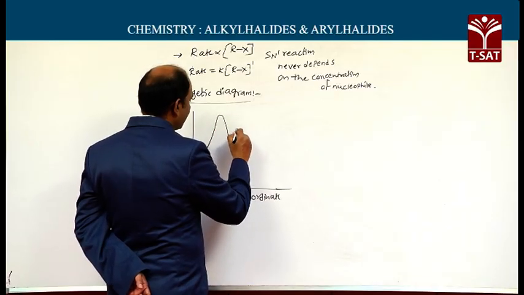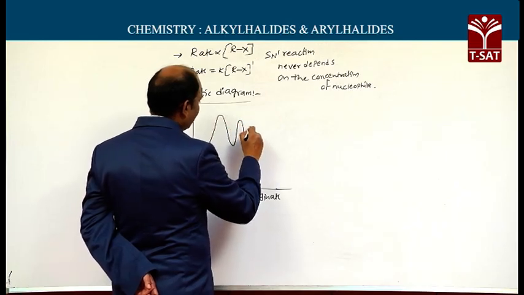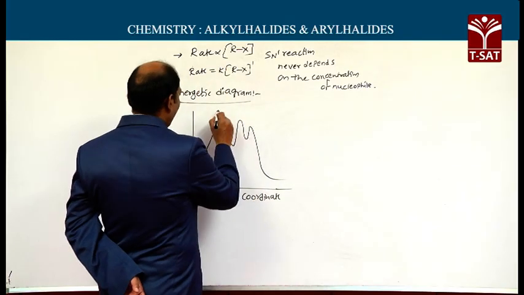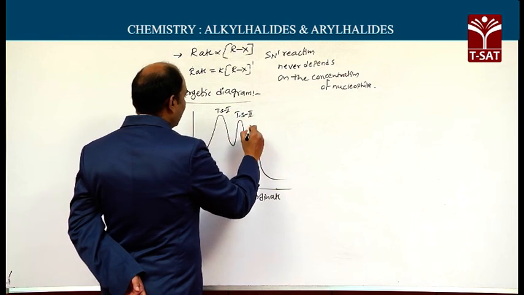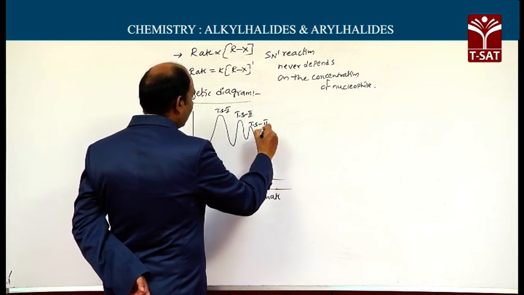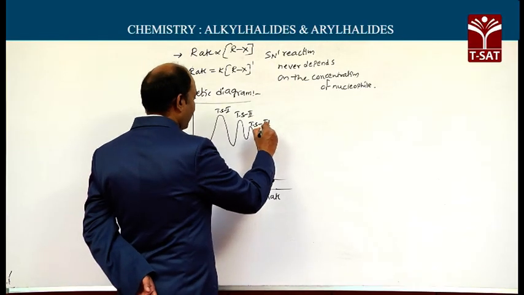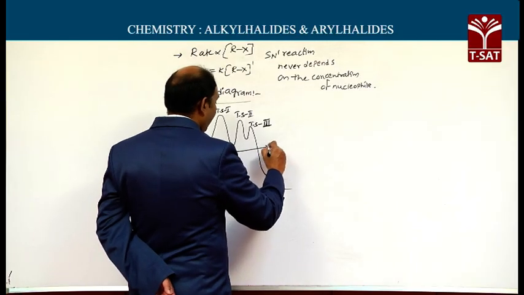This is a transition state, and in this reaction we have this. This is transition state 1, this is transition state 2, this is transition state 3. Here we have 3 transition states, and here we have 2 intermediates.